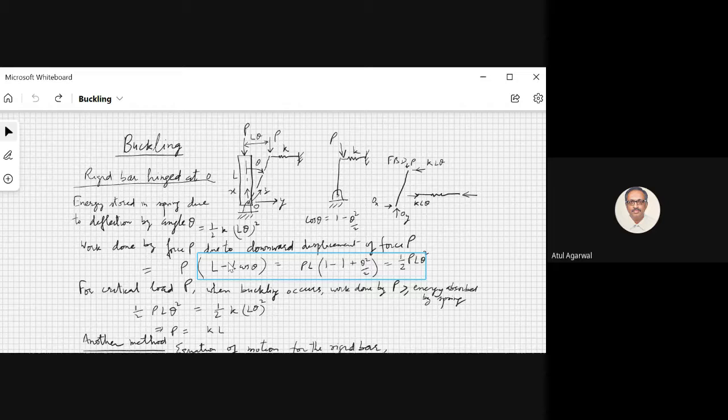So L minus L cos theta: the current x coordinate will be L cos theta, and the initial position was L. So P into L minus L cos theta is the work done by the force.